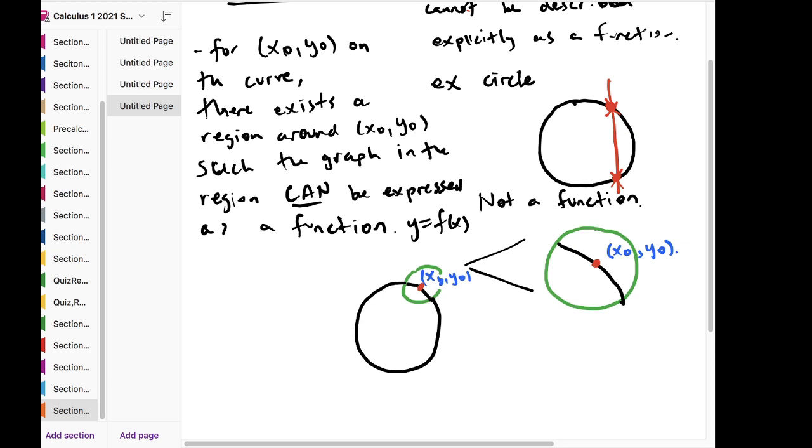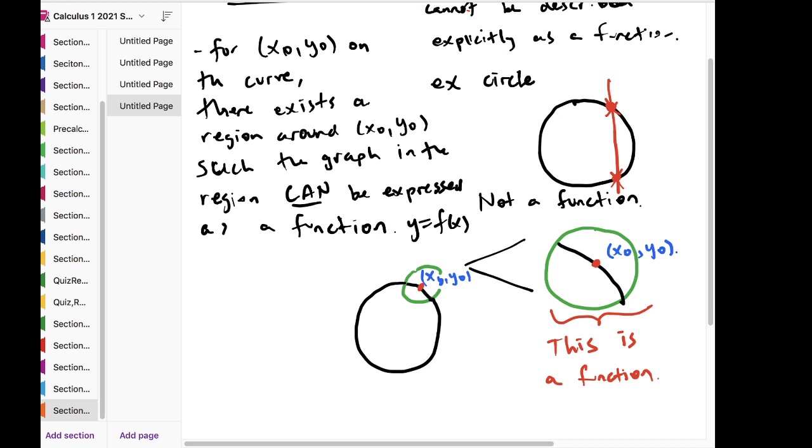Yeah. So, is this a function? This little bit is a function.